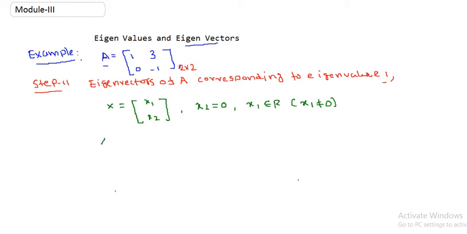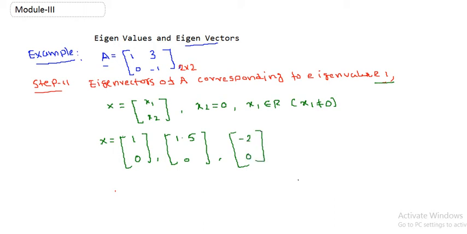So for example, an eigenvector may be (1, 0), or an eigenvector may be (1.5, 0). Corresponding to the same eigenvalue 1, we have infinitely many eigenvectors.